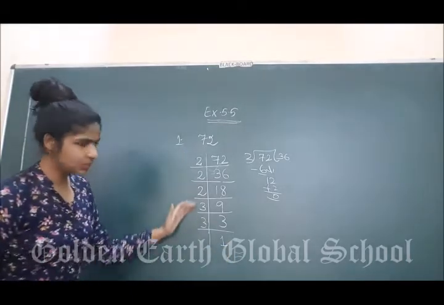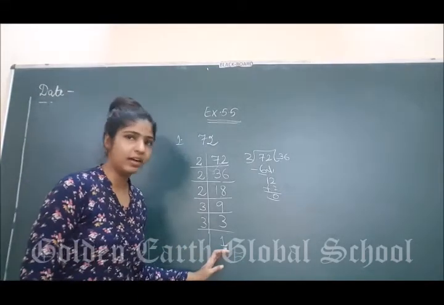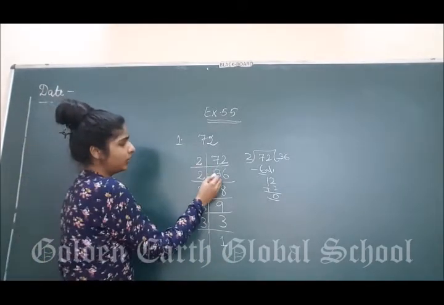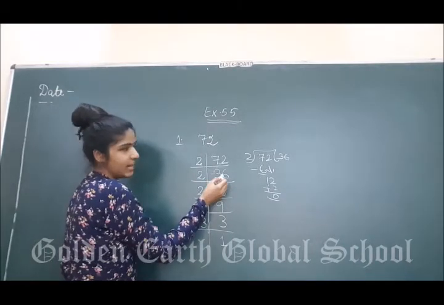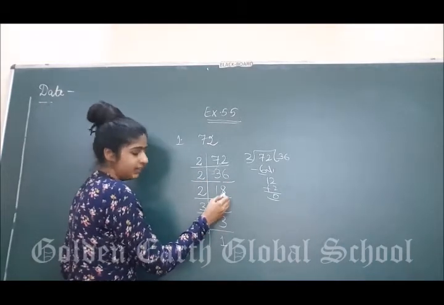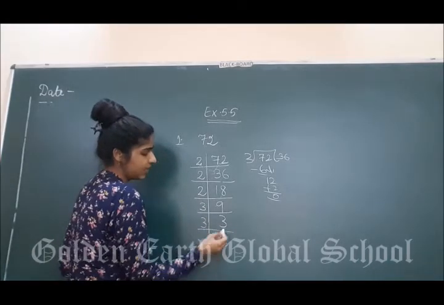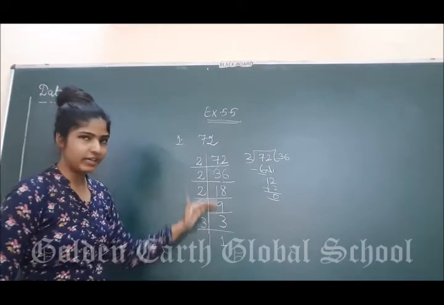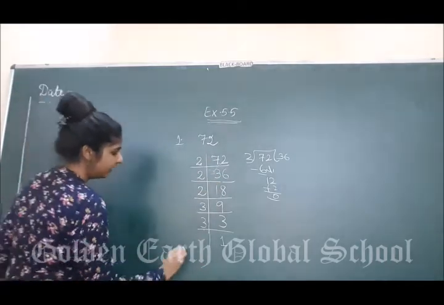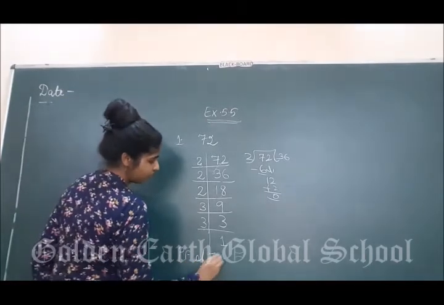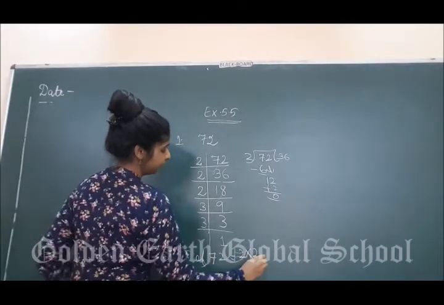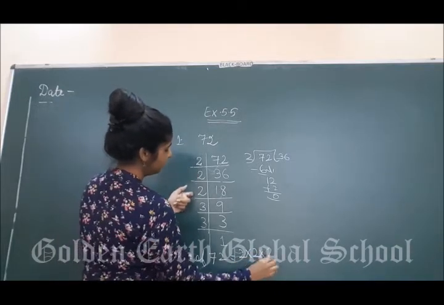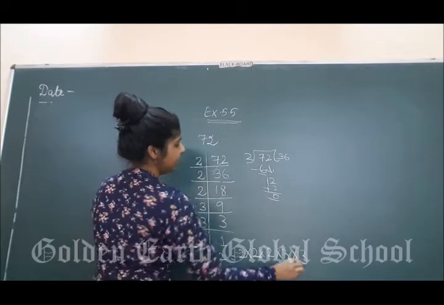You have to continue this process until you get the number 1 at last. Clear? How can you check this? 2 36s are 72, 2 18s are 36, 2 9s are 18, 3 3s are 9, 3 1s are 3. Simply write the number, and write the values on which it is divisible. So at the end the prime factorization of 72 is: write all these numbers, 2 multiply 2 multiply 2 multiply 3 multiply 3.